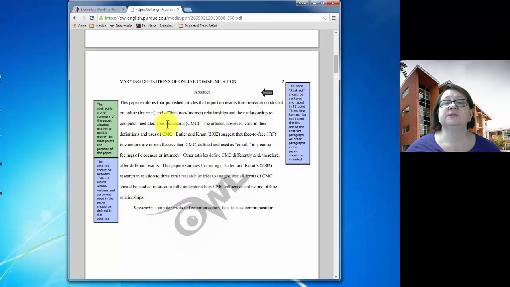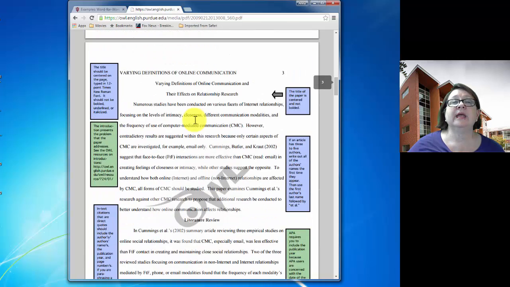So in other words, if you look at this FTF, large F, small t, large F, that's the acronym for face-to-face. So that's coming up here, computer-mediated communication, CMC, okay? Internet and non-internet. Those are the terms that are used in the article. And so once you start reading the article, you already know kind of what to look for.